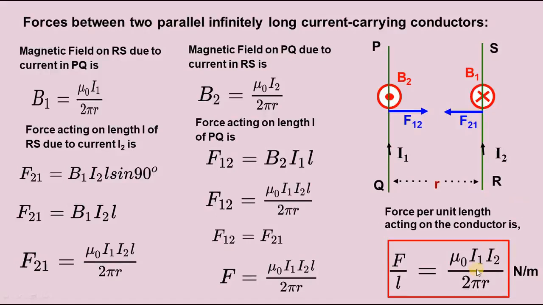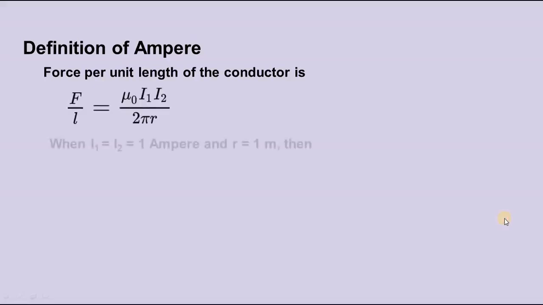We can use this equation for defining the SI unit of current. The unit of current is ampere. Now we can define 1 ampere using the above equation.